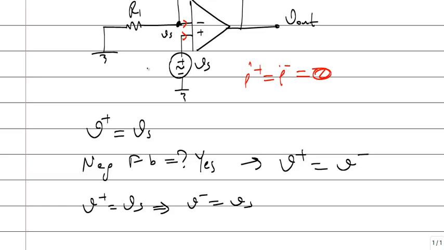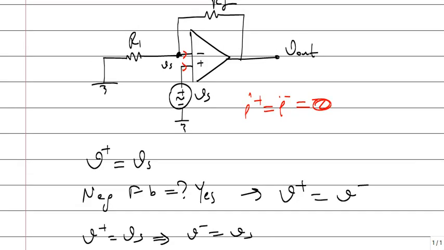Op-amp causes that voltage. How can it cause? It changes the outputs. Okay, it changes the V out voltage such that minus V in, this point, is always equal to this point.